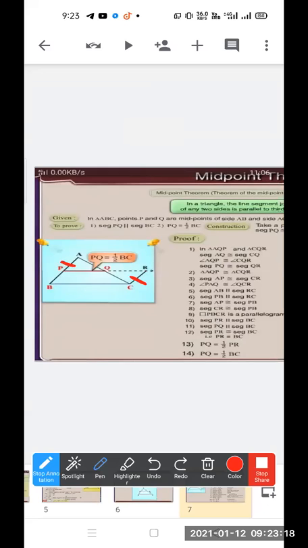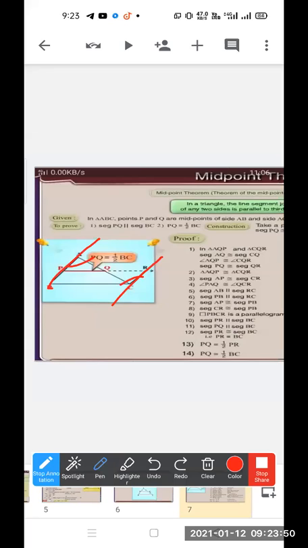Now see here, children, line AB is parallel to line CR. What is the reason? By the alternate angle test. Just now we have proved that angle PQA and angle RCQ are alternate angles.